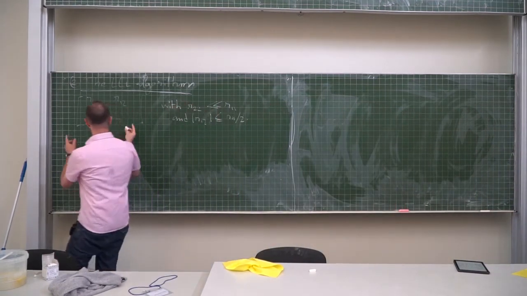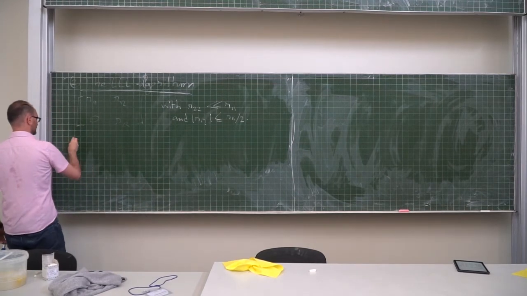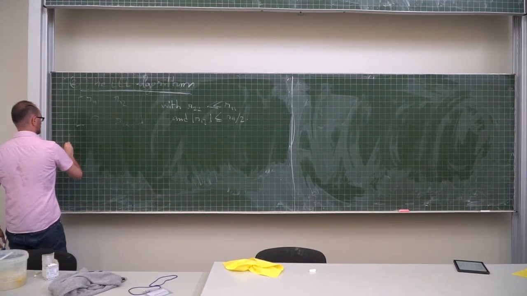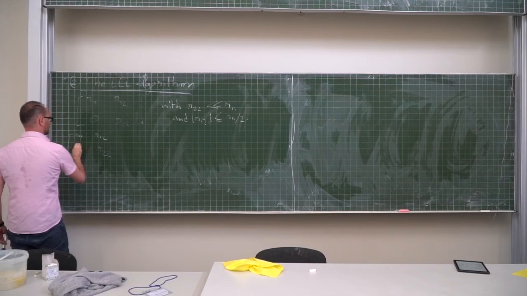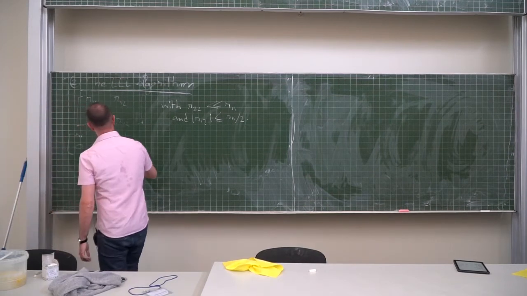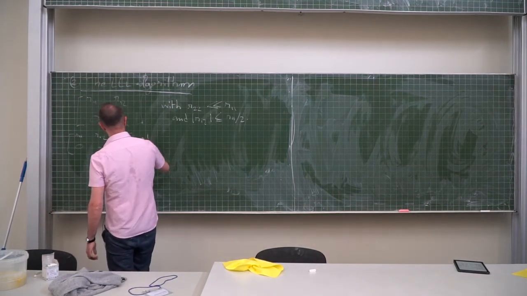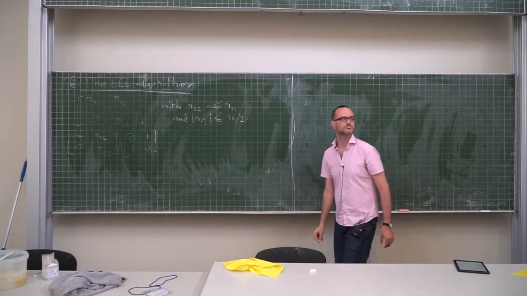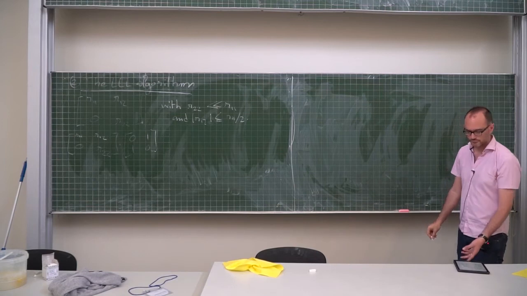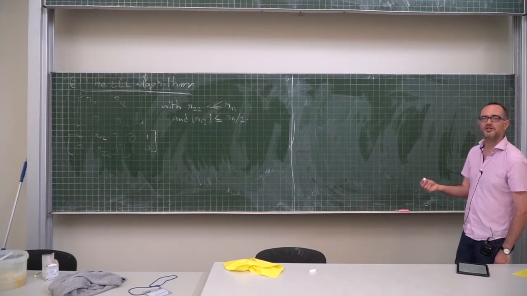So if you swap, R11, R12, R22, 0. Swapping means multiplying by this unimodular matrix. Okay, so I exchange the vectors. Now, what is the R factor?